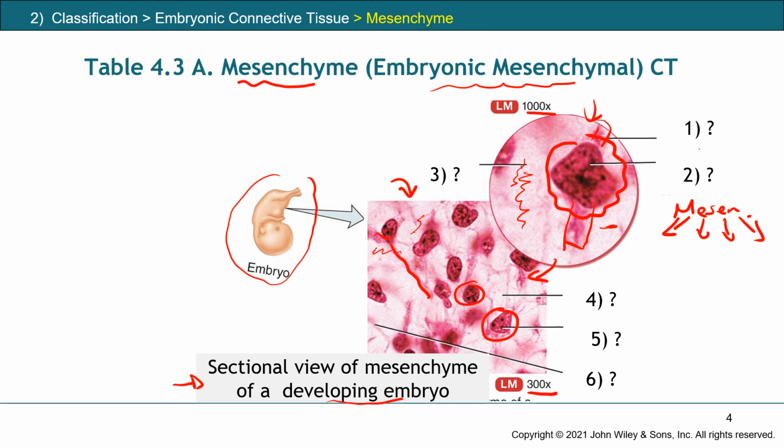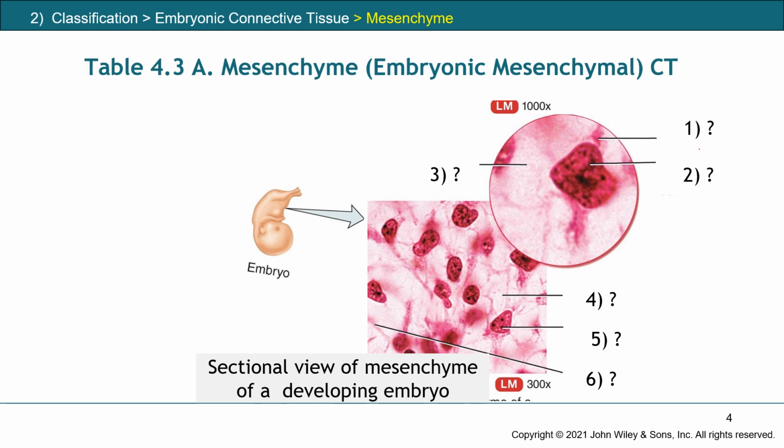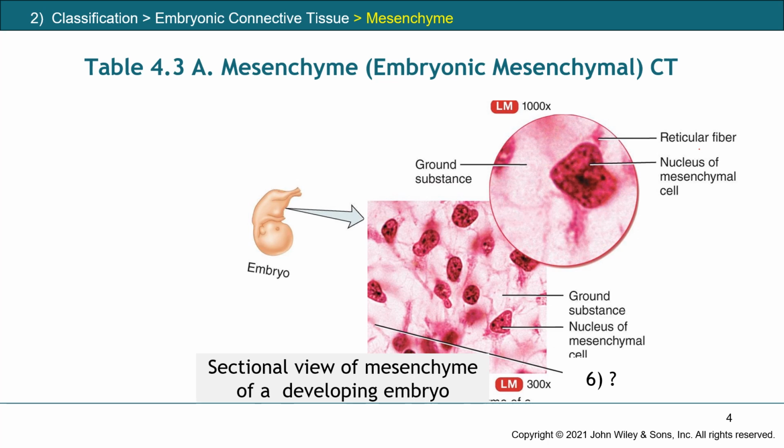Okay, so let's recap all the things that I told you. But before that, I will delete all these lines. Just to recap, here you have the reticular fiber, here the nucleus, here the ground substance, and below that, exactly the same thing. In 4, you will find the ground substance. The fifth one will be again the nucleus of the mesenchymal cell, and there you find the reticular fibers.